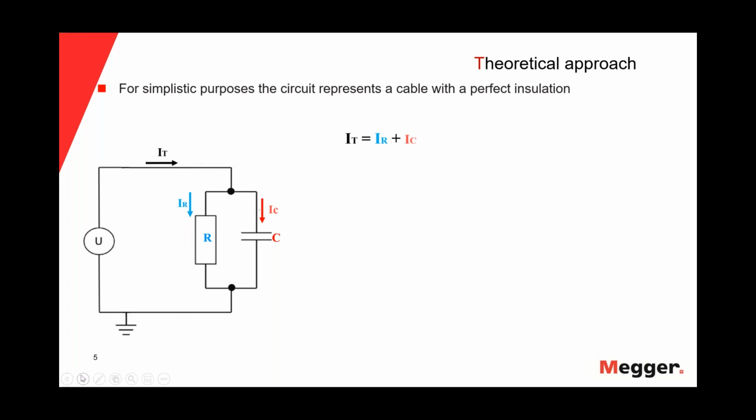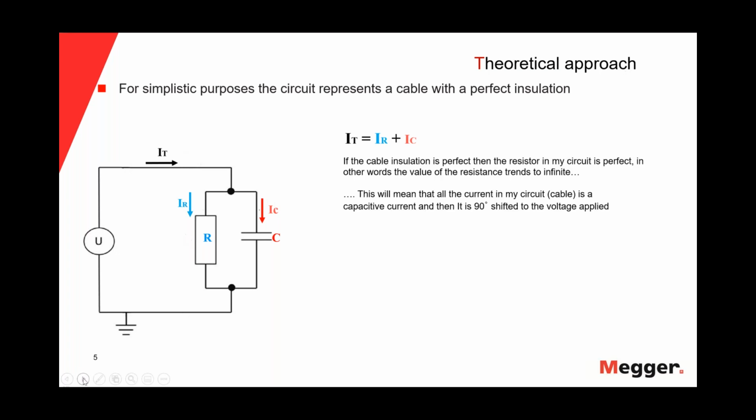If the cable insulation is perfect, then the resistor in my circuit, in other words, the value of resistance, trends to infinity. This means that all the current in my circuit is a capacitive current, and it is 90 degrees shifted to the applied voltage. As voltage here, there's my resistive, there's the infinite, there's the angle.